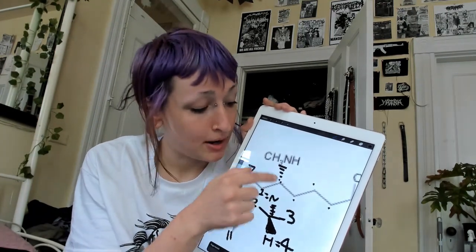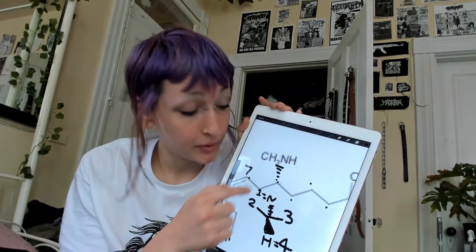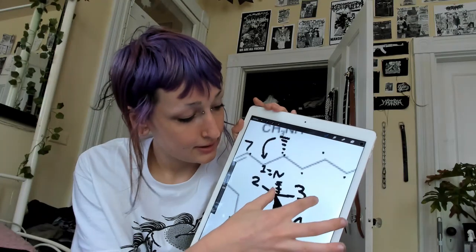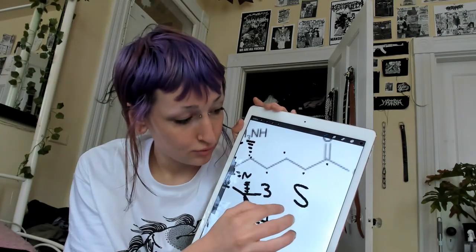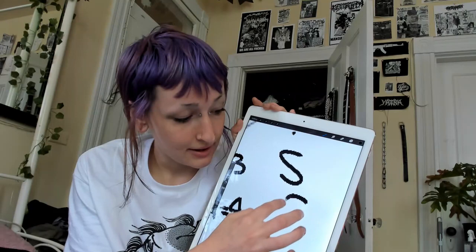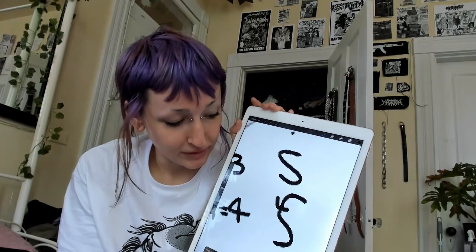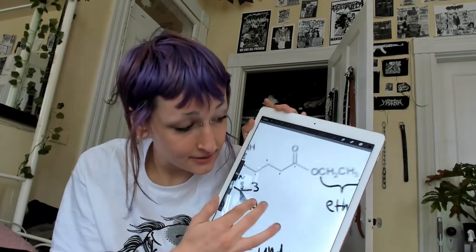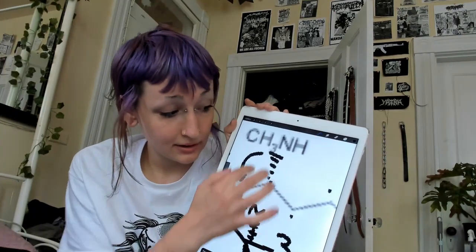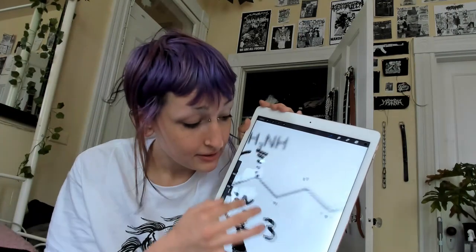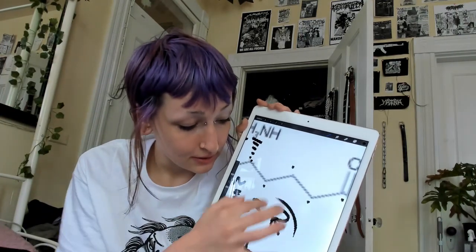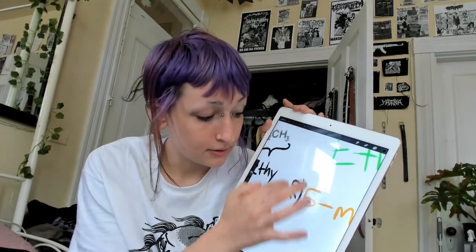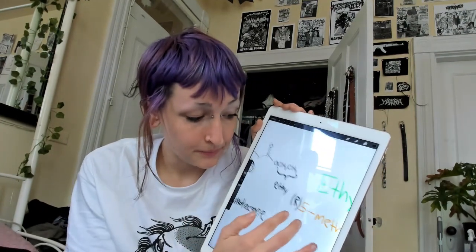If I'm moving with my highest priority one in the back, if I'm moving like this, it looks like an S. Right? And I remember that because S, you're moving like to the left. Because it looks like an S, therefore, that's in the back, it's not how it's supposed to be, this is going to flip and this is going to be an R. So this is going to be R 5-methylamino.